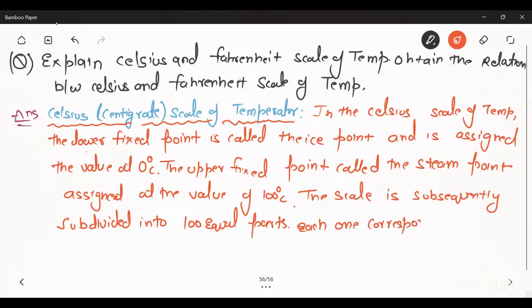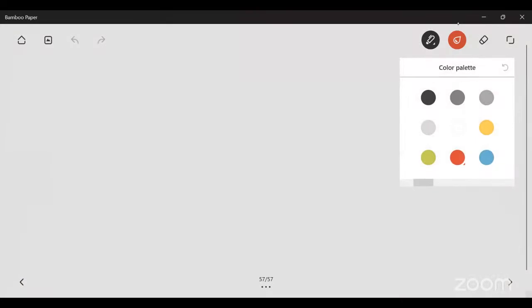Now the same for the Fahrenheit scale, in which the upper fixed point is at 212 degrees Fahrenheit and the lower fixed point is 32 degrees Fahrenheit. The number of parts is equal to 212 minus 32, that means 180 parts, and each part represents 1 degree Fahrenheit.